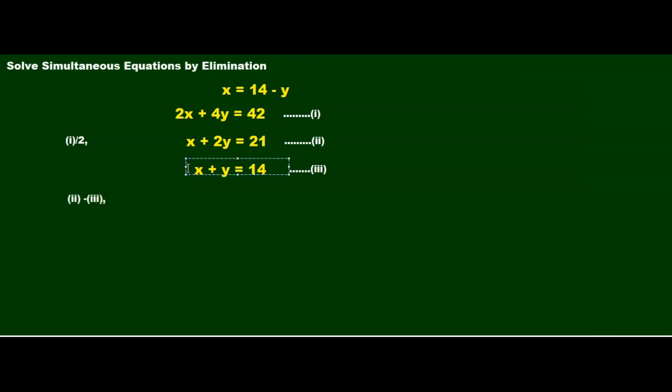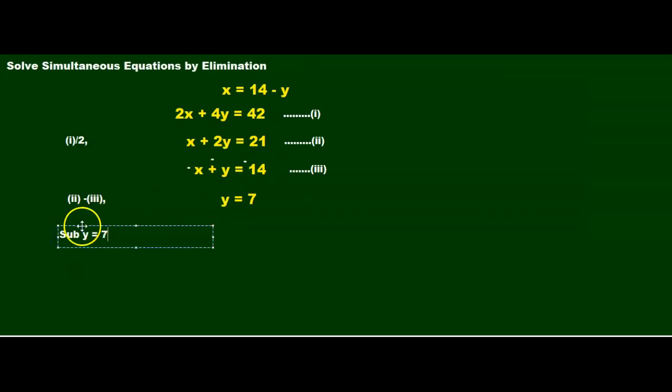So I'm going to just put a little minus, minus, and minus there. So x minus x gives me 0. 2y minus y gives me 1y. And 21 minus 14 gives me 7. Then I can substitute y equals 7 into pretty much any of my equations.